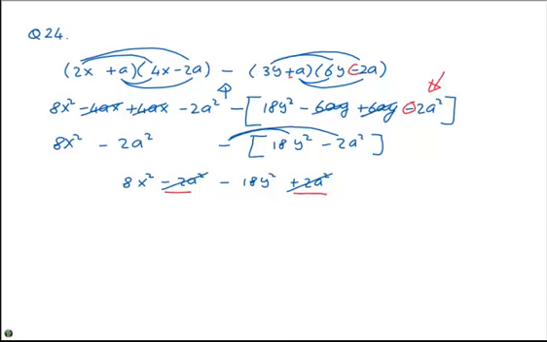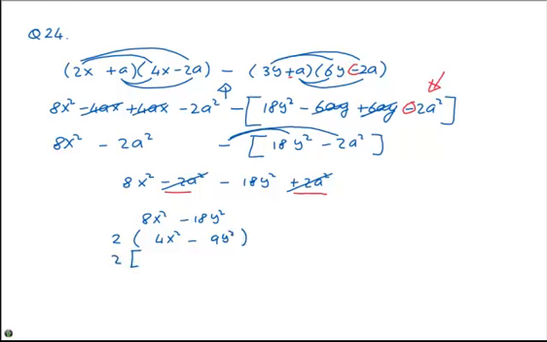Okay, so continuing on, what have you got? 8x squared minus 18y squared. It looks like it's going to be the difference of two squares. See if we can make it happen. Factorize out the 2. You'd be left with 4x squared minus 9y squared.